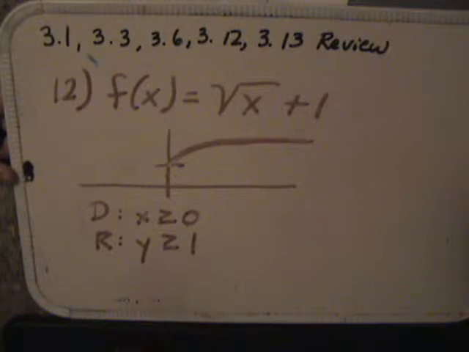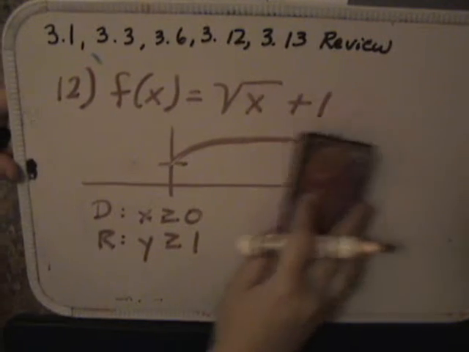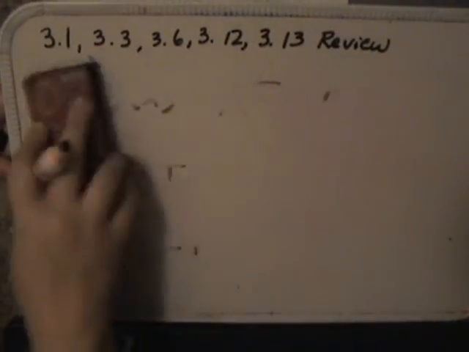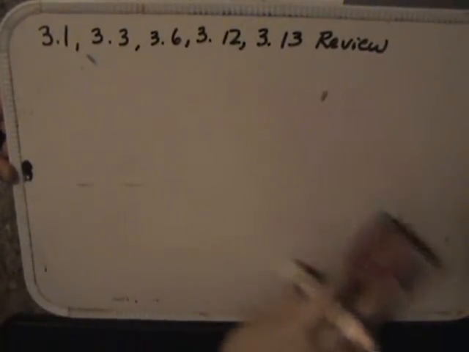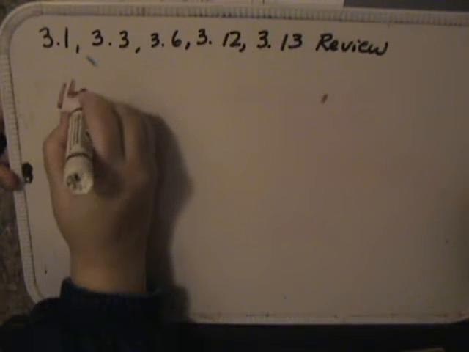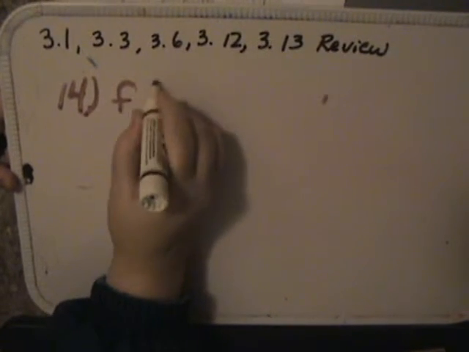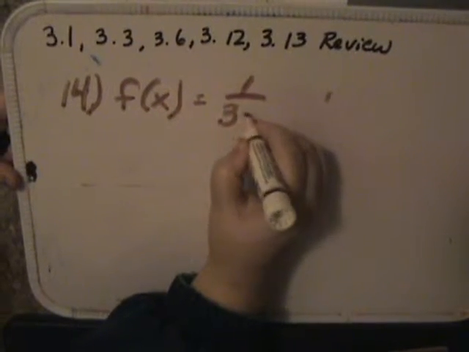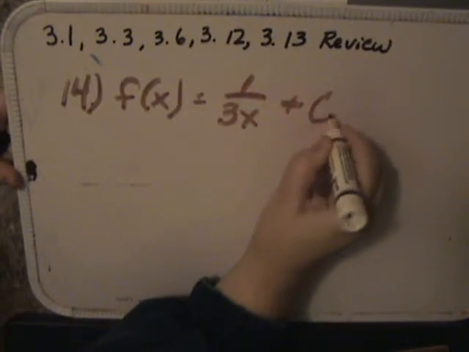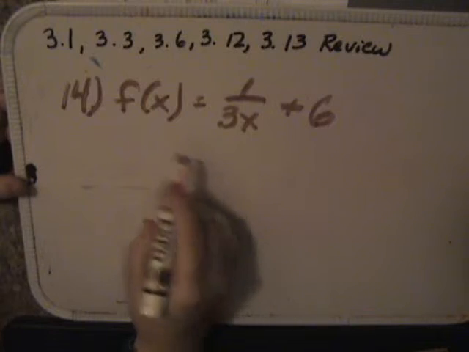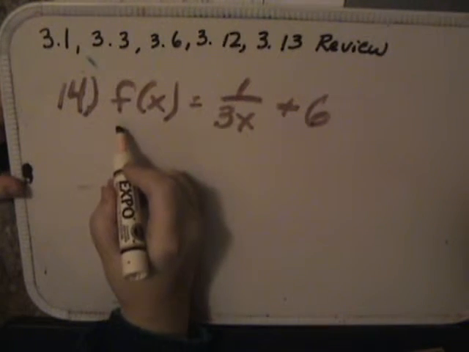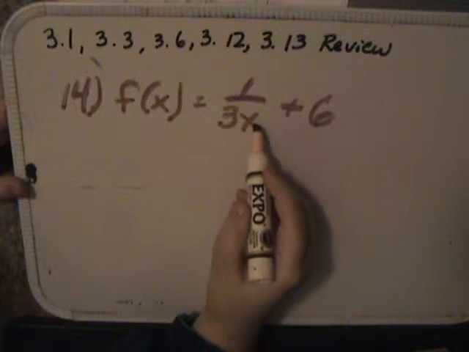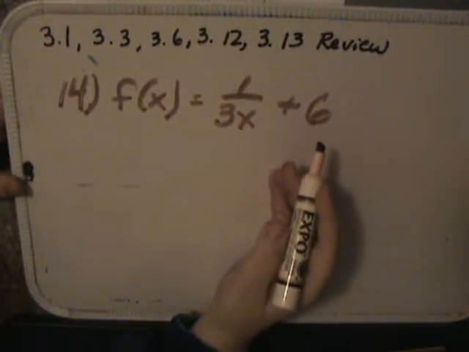Now for 14, it says determine the transformation of the function f of x. Okay, f of x equals 1 over 3x plus 6. So we look at this and we say, well, first of all, what's my parent function?